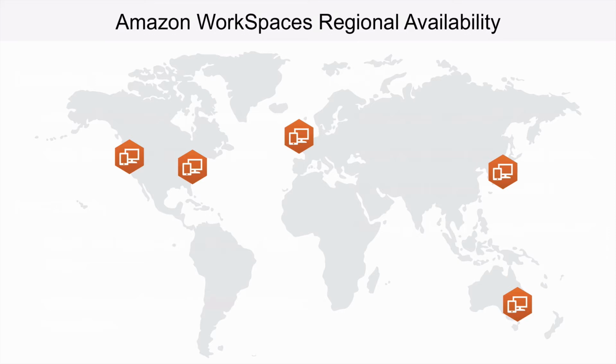In North America, you have 2 options: Oregon or US East 1 in Virginia. We have the service in Tokyo in Japan, as you can see there with the Japanese region, and we also have the service live today in Sydney, Australia. So no matter where in the world your users are located, there will be a Workspaces region that offers appropriate network performance for those users, and we recommend you use the region which offers the lowest latency for the users that you're servicing.